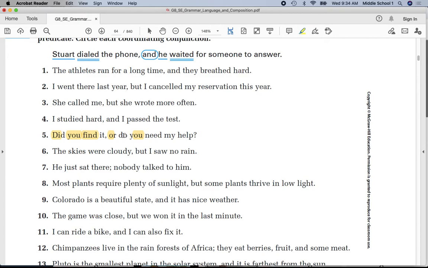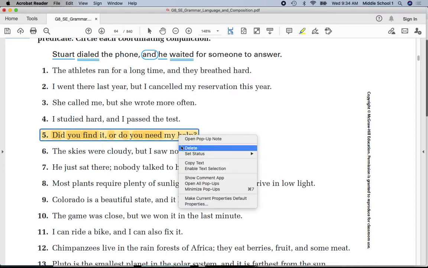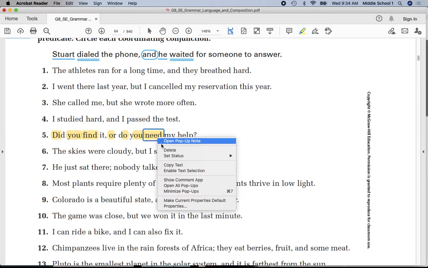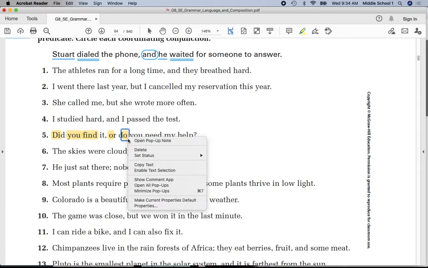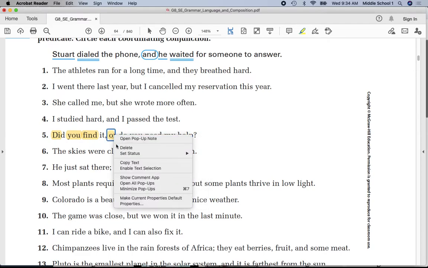You once do need twice. The reason we're taking a look at number 5 is because it's a special inverted sentence. It's interrogative. It's a question. That means the order of the subject and the predicate is mixed up.